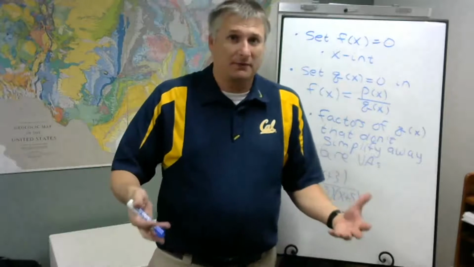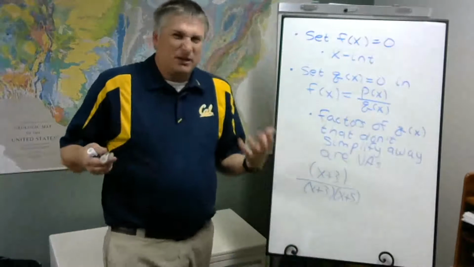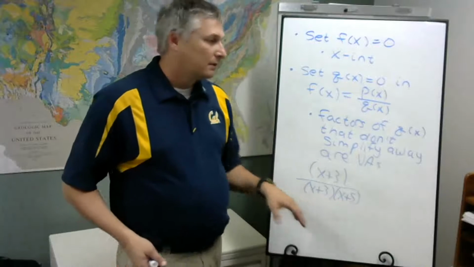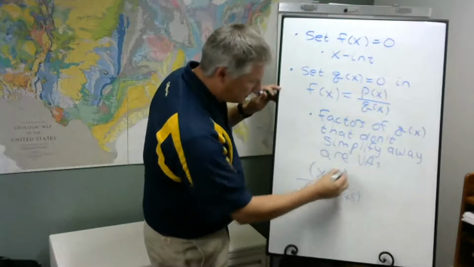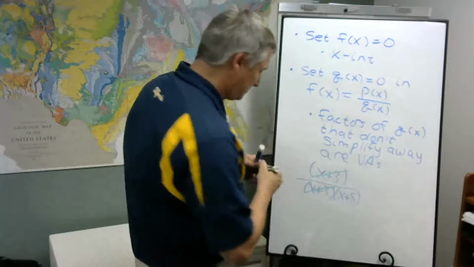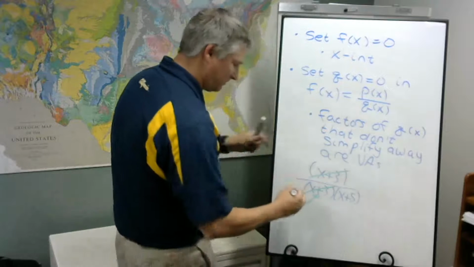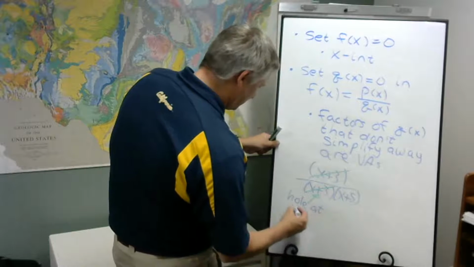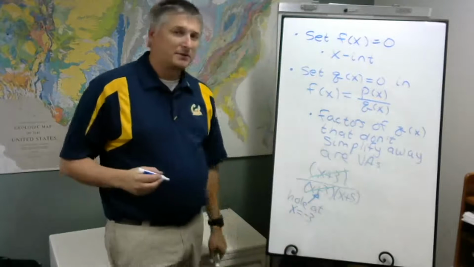It seems like there must be a vertical asymptote at negative 3 and a vertical asymptote at negative 5, but that's not how this works out. Because x plus 3 will cancel, what we'll get is a hole. We get a hole at x is minus 3.